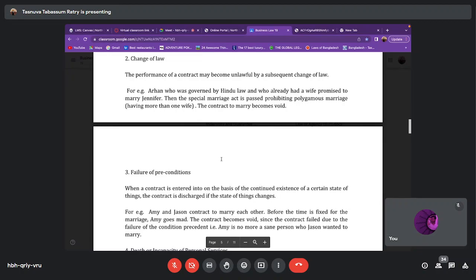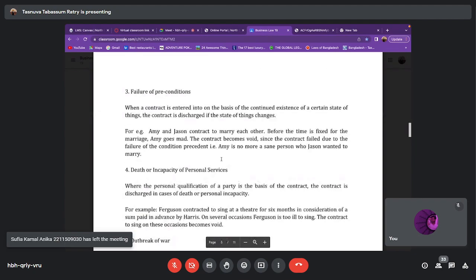So if there is any change in a subsequent law, because of which it becomes impossible for the parties to perform the terms and conditions, the contract will be terminated, because it becomes unlawful and therefore void.